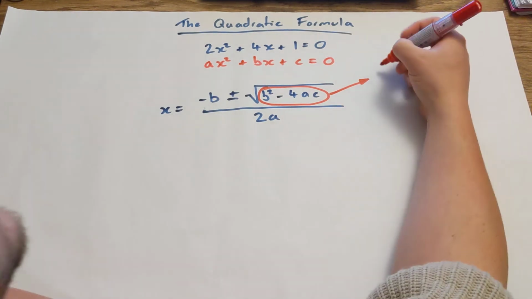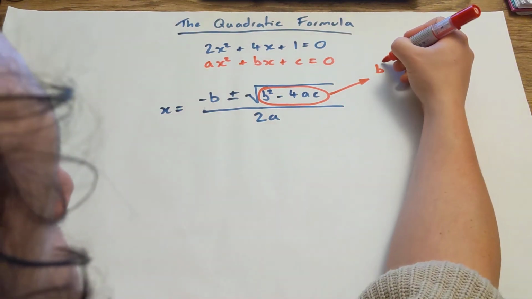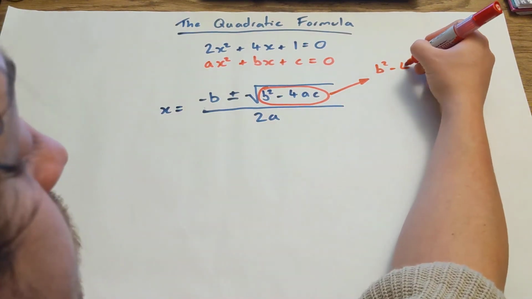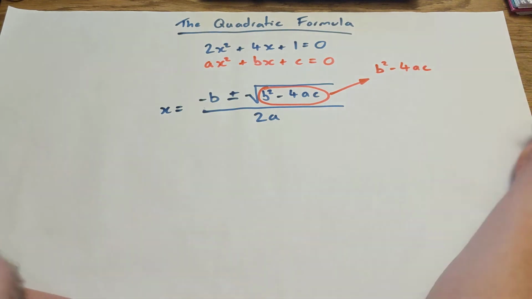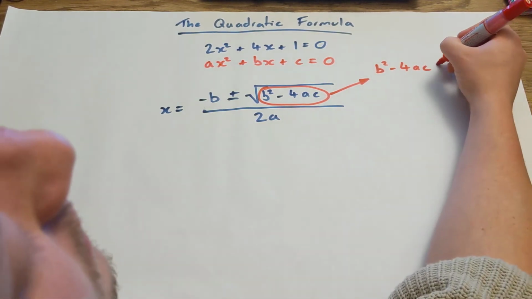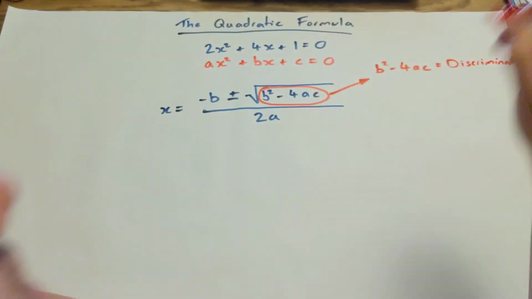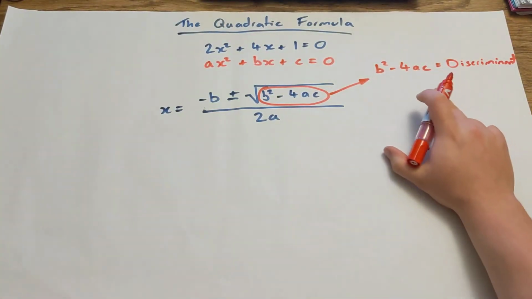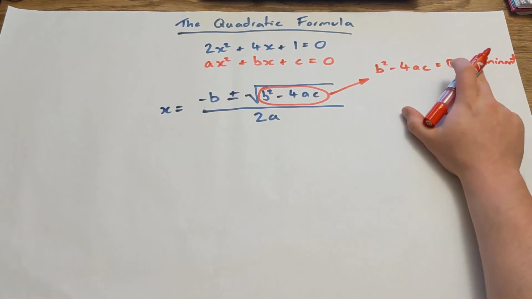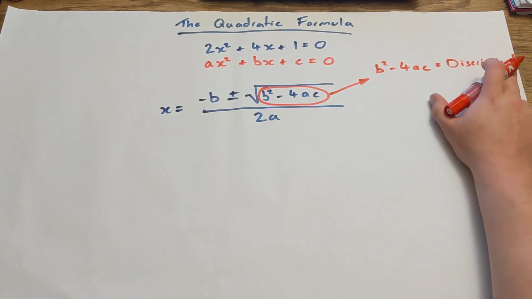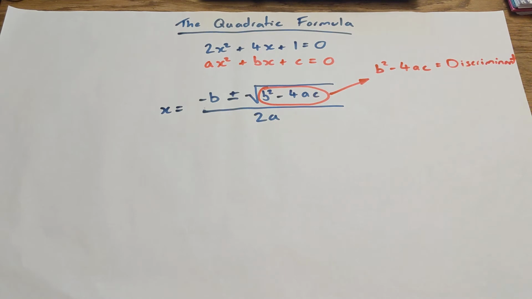This part, b squared minus 4ac, is known as the discriminant. I've just realised I'm not at all going to fit that in there. Discriminant. I know that's a bit difficult to read, but it's spelled D-I-S-C-R-I-M-I-N-A-N-T.